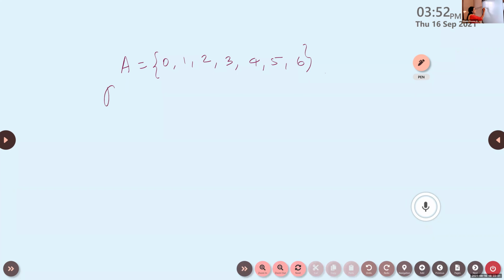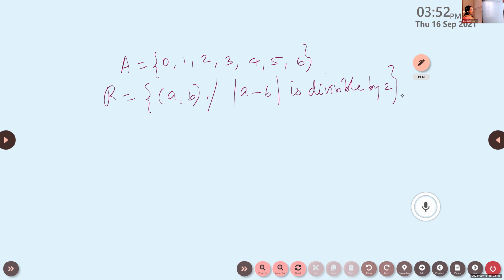R is equal to the set of all ordered pairs (a, b), where modulus of a minus b is divisible by 2. Is R an equivalence relation?